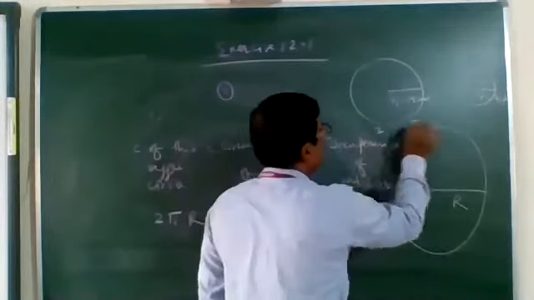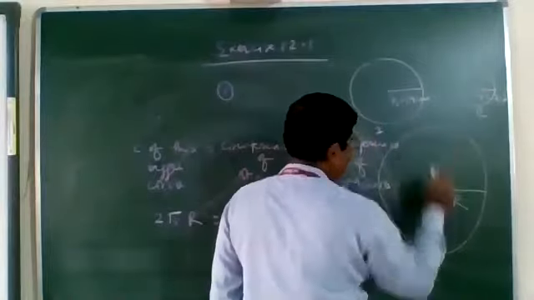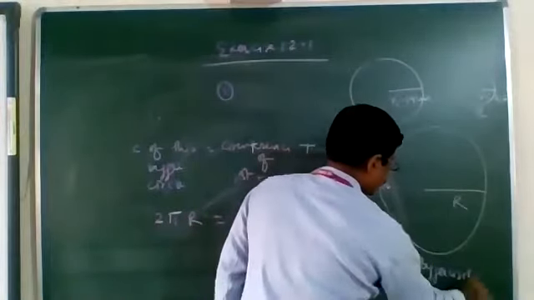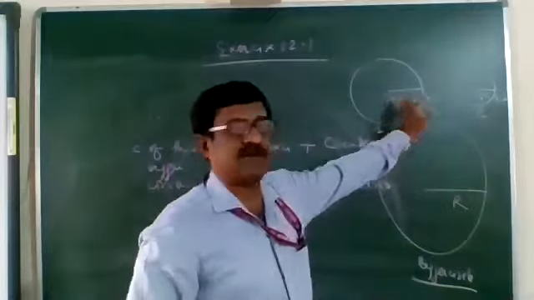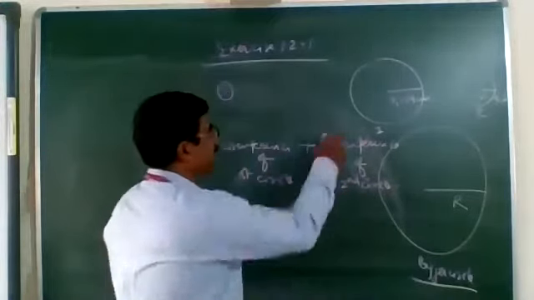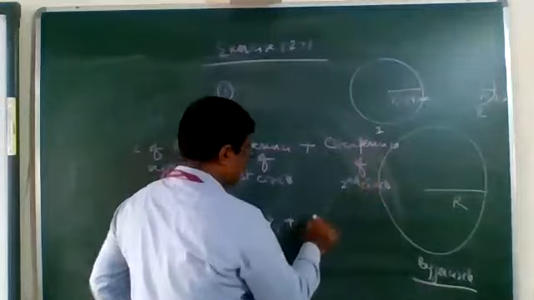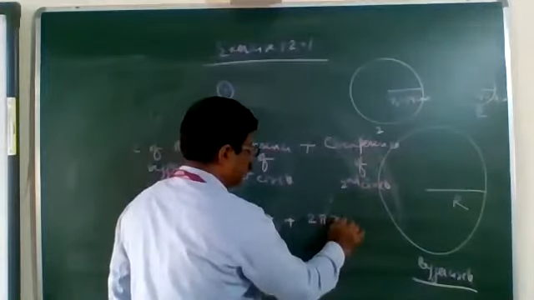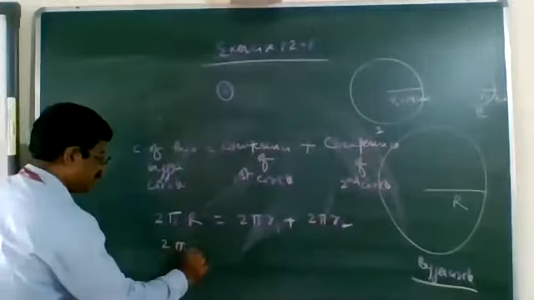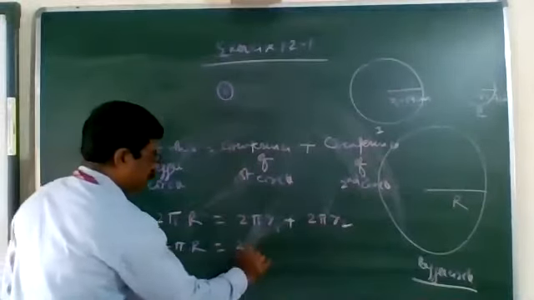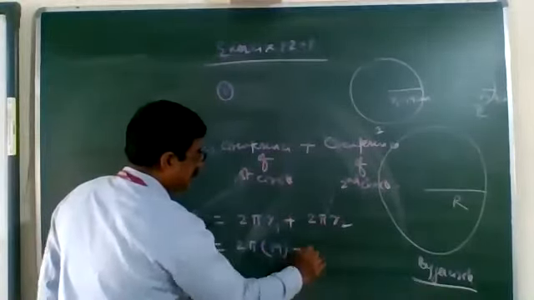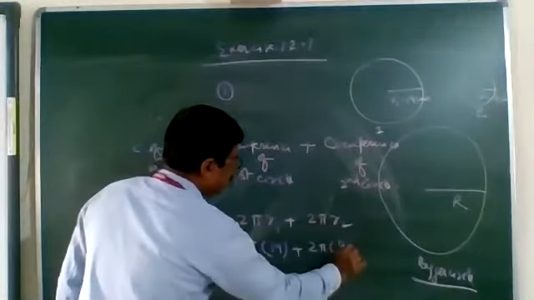This is the first circle, this is the second circle, and this is the bigger circle whose boundary is given equal to the sum of boundaries of these two. 2 pi r1 plus the circumference of the second circle, that is 2 pi r2. Put the values: 2 into pi into R equal to 2 into pi into r1, plus 2 pi r2. r1 is given as 19 and r2 is given as 9.